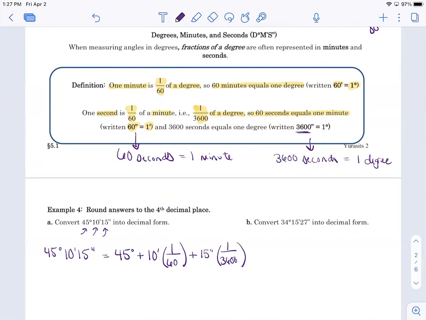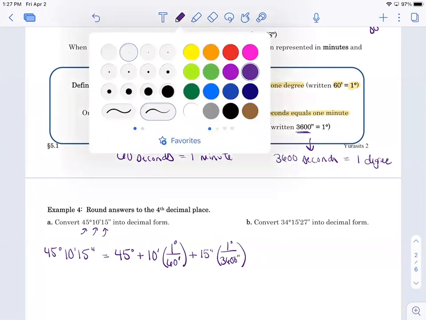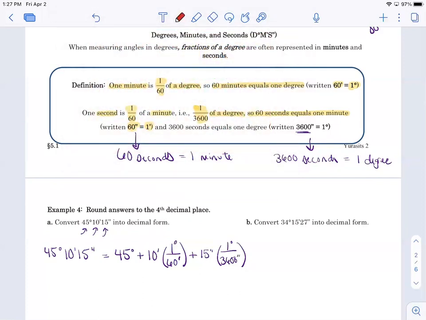Actually, let me put some units here so it kind of clicks. This is a degree, this is a minute, this is a degree, and this is a second. So you can see here, if you're coming from physics, that these units will reduce out, and you can get it all in terms of degrees.